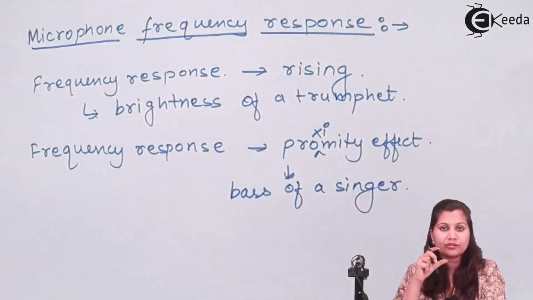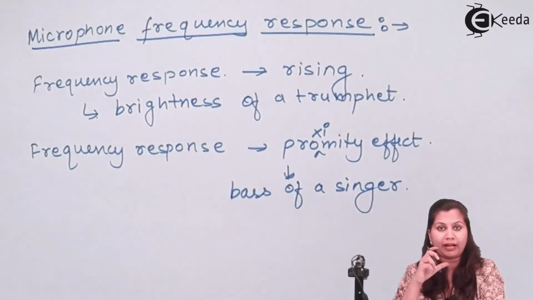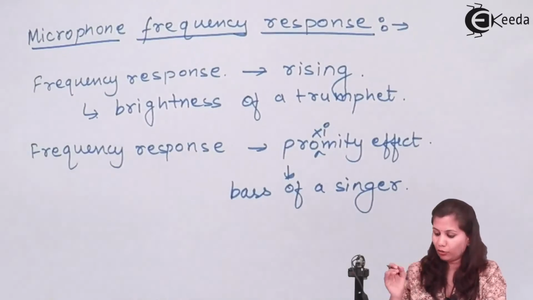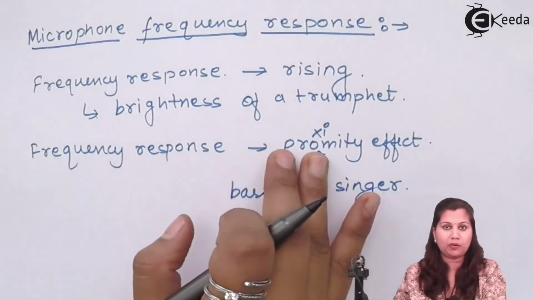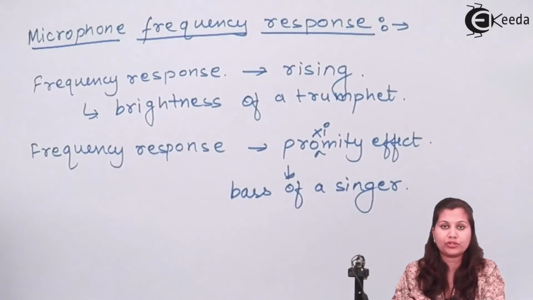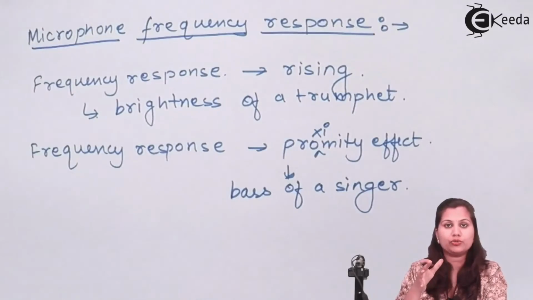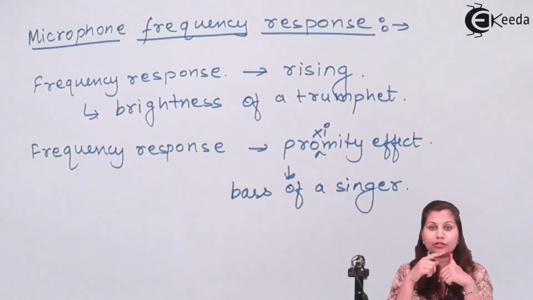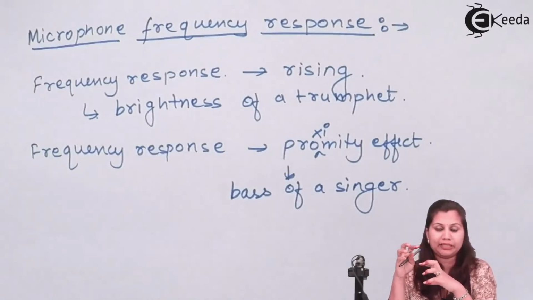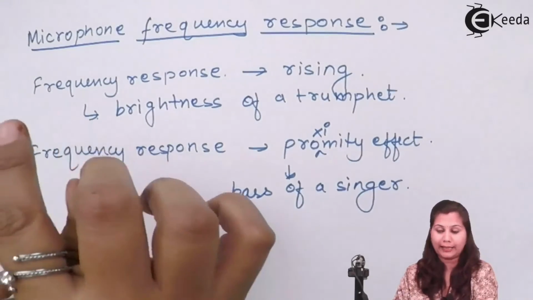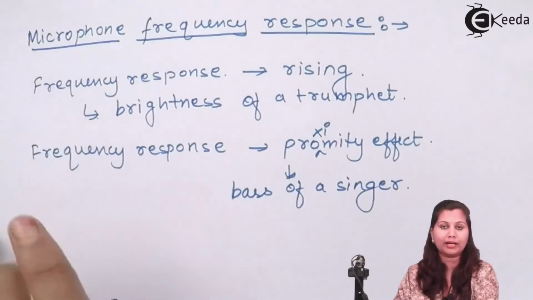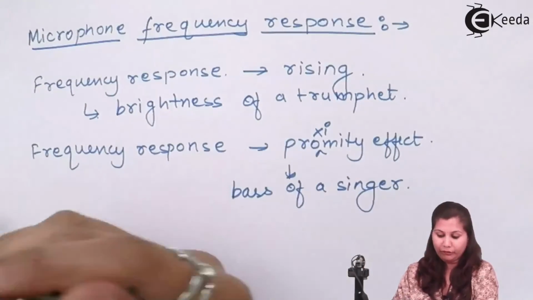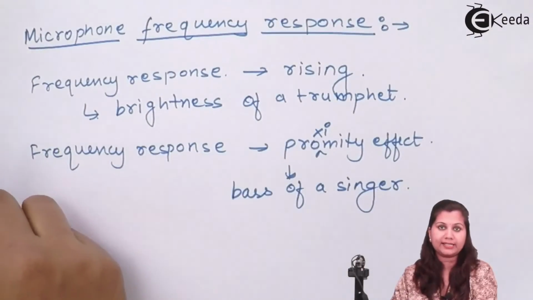So for the variations of the sound, whichever factor we want to increase, according to that the frequency response of the microphone is chosen, and that microphone is used for that particular application. So the selection of the microphone for different applications is based on the type of feature which we want from that microphone. So frequency response also decides the microphone types.